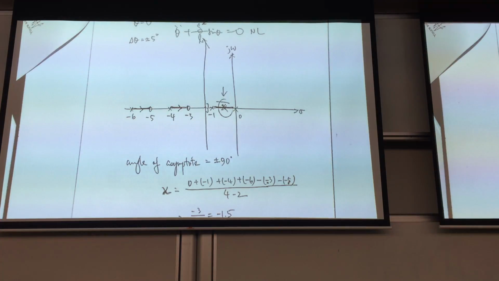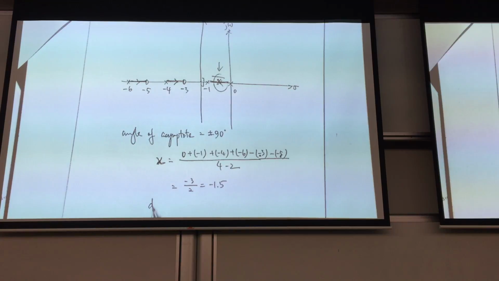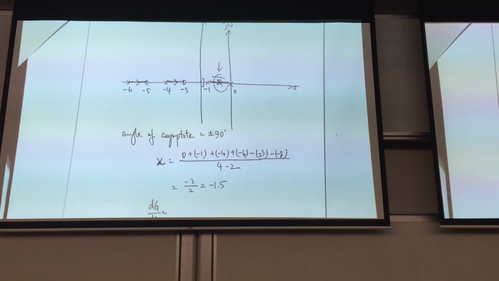So your double point, how do you calculate the double point? The double point is going to be dg/ds. And that is why in your dg/ds, you can see that they have already given you the hint.